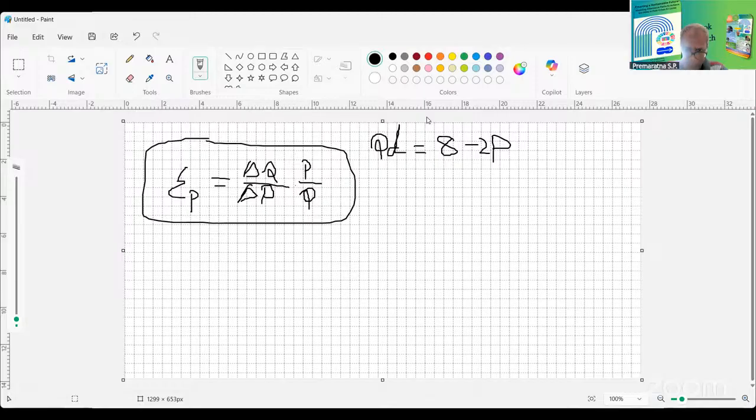Now, what I need from you, since this equation is given, is to consider different prices, for example, the price $4, and let's say the price $3, $2, and $1, and 0.